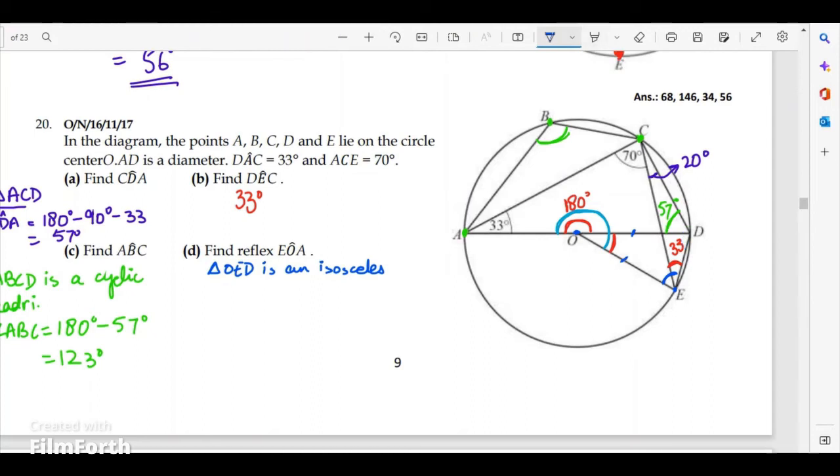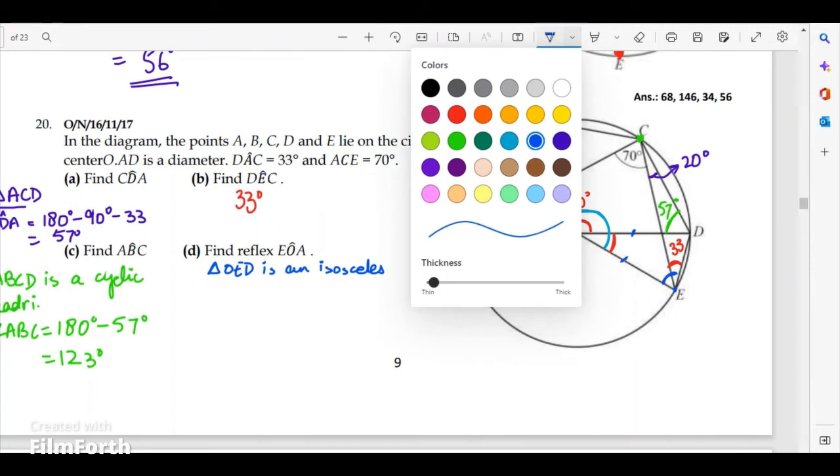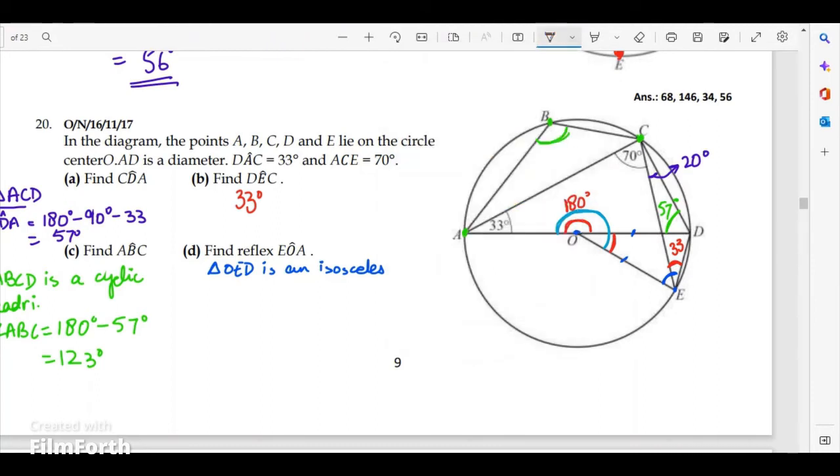For that, I'm now looking at triangle CED. I'm looking at triangle CDE. In this triangle, this is 20 degrees, this is 33 degrees.